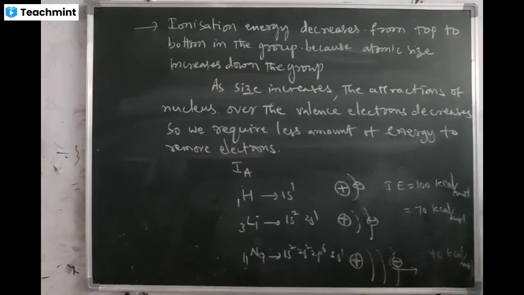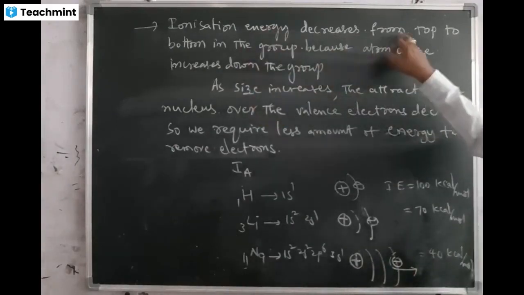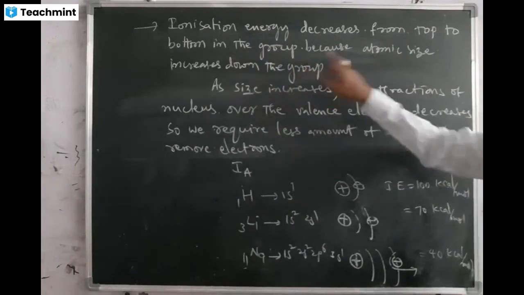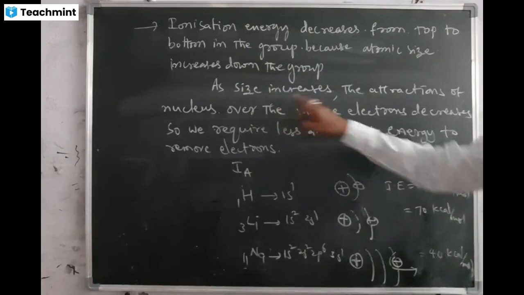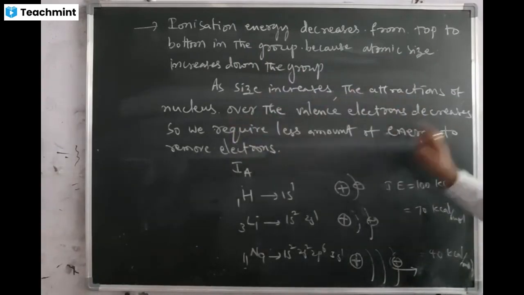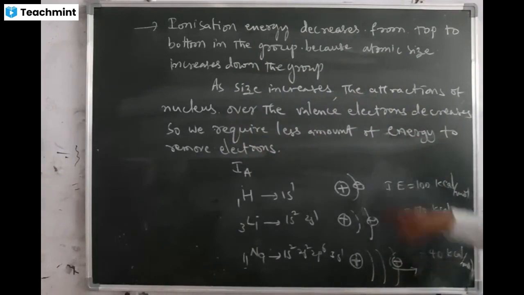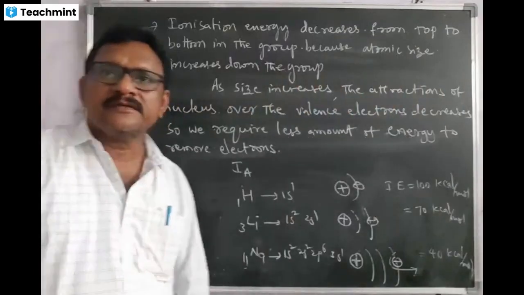This is the reason: ionization energy decreases from top to bottom in the group because atomic size increases down the group. As size increases, the attractions of nucleus over the valence electrons decrease, so we require less energy to withdraw electrons from larger atoms. Is it clear? Okay.